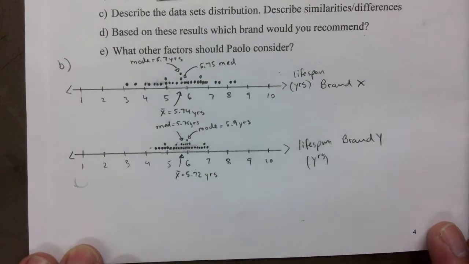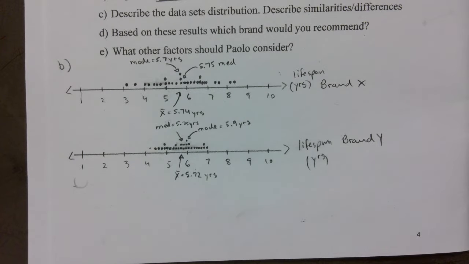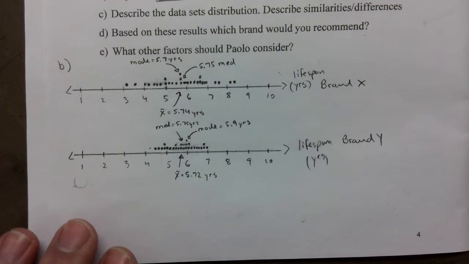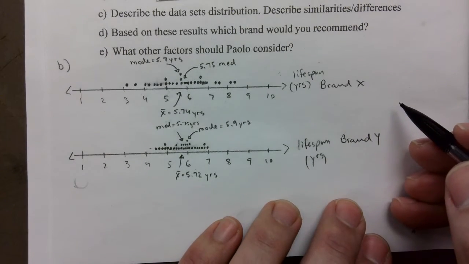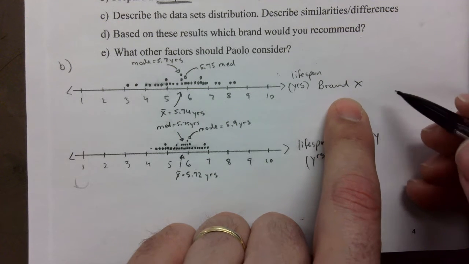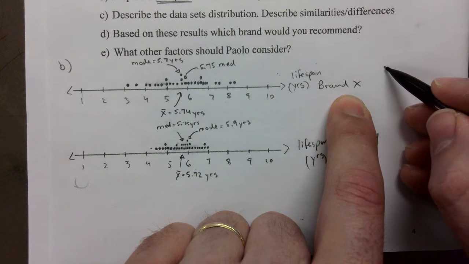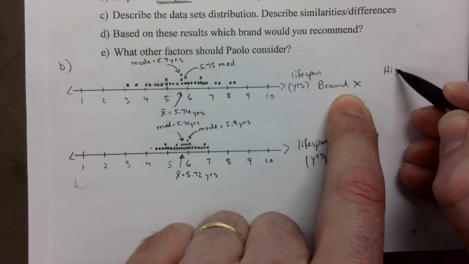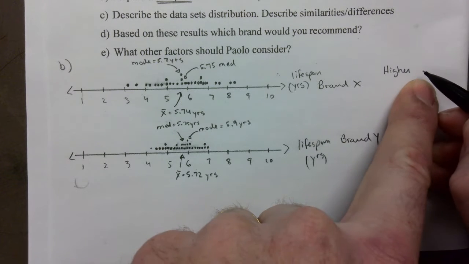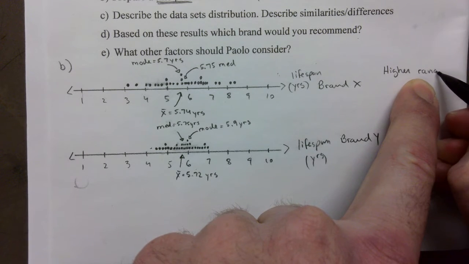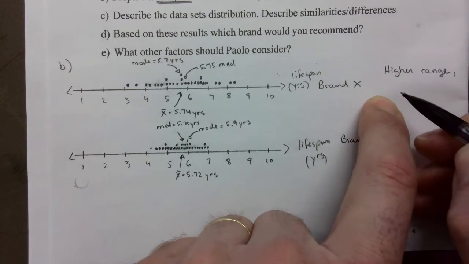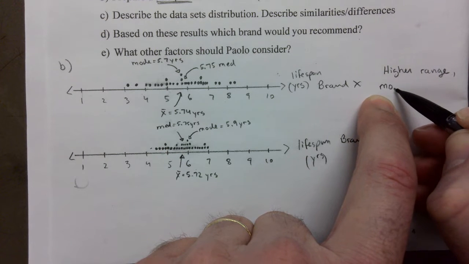Describe the set. The set's distribution describes similarities and differences. Right. So I will say this one has a higher range. More spread out.